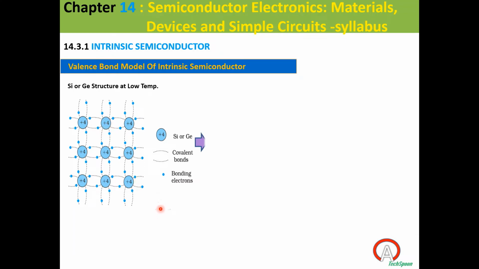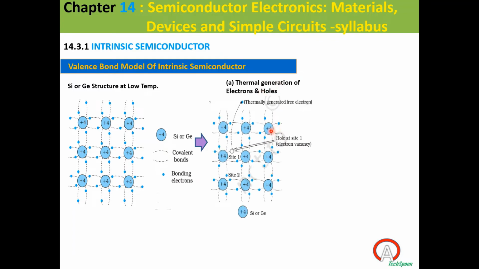This condition is at normal, very low temperature. When the temperature increases, or thermal generation of electrons and holes happens, what happens? When I increase the temperature from room temperature to somewhat higher, this electron will get excited, gain a higher amount of energy and move to the conduction band.